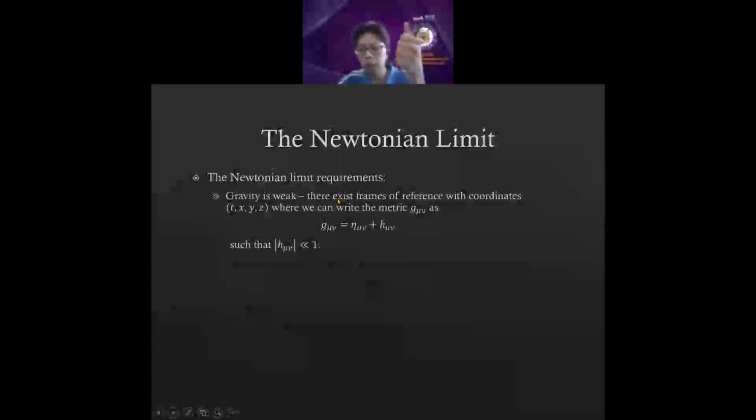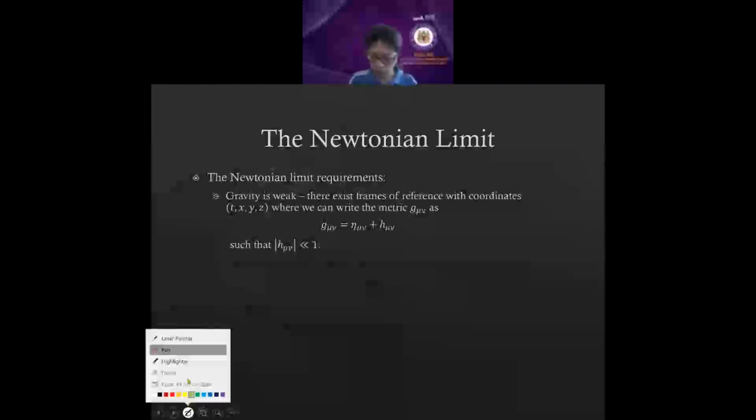This means that there exists some frame of reference, with standard coordinates t, x, y, and z, where we can write the metric as a summation of the standard Minkowski metric and some metric with very small components.